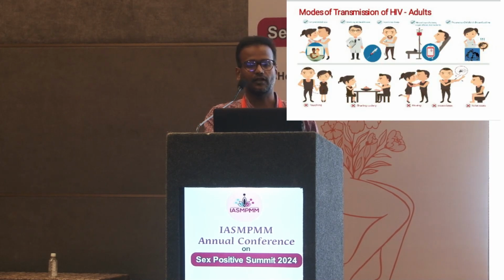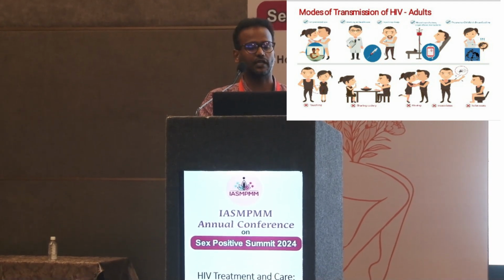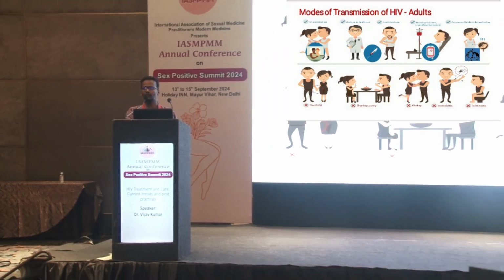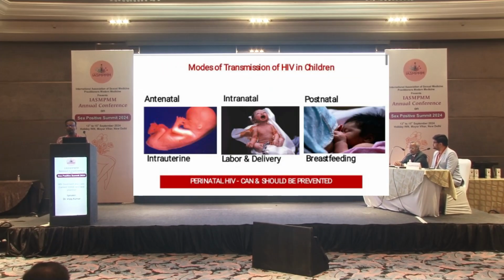These are the modes of transmission. The various routes are unprotected sex, injectable drugs, and blood transfusion, which are the most common ways of HIV transmission. There are misconceptions about touching, sharing cutlery, kissing, and insect bites, but these are not actual routes of transmission. This is the most important mode of transmission in children.